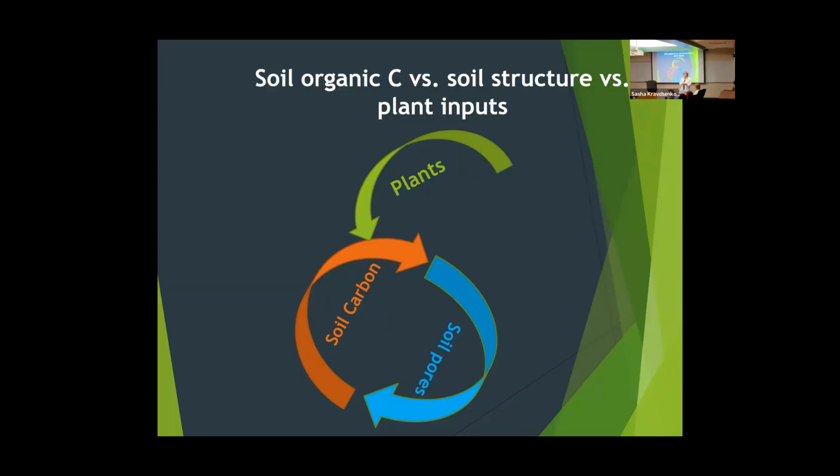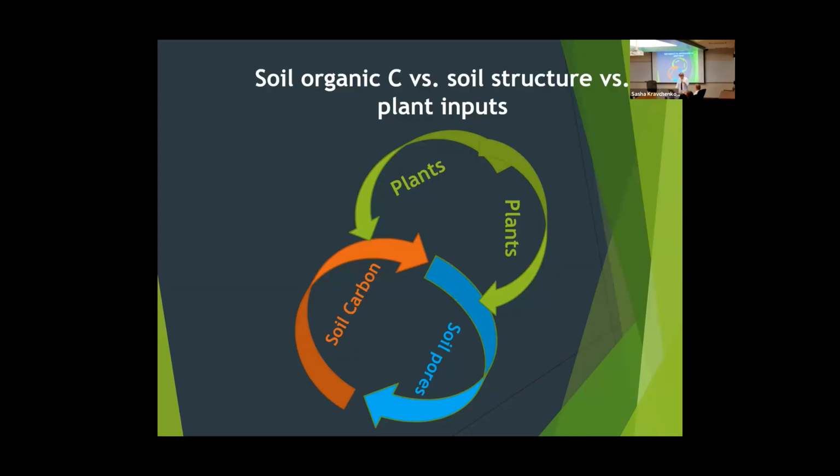Plants are the source of the carbon inputs as rhizodeposits, root exudates, plant residues that are the biggest source of carbon in the soil. And plants are also a very substantial driver in affecting formation of soil structure and formation of soil pores.